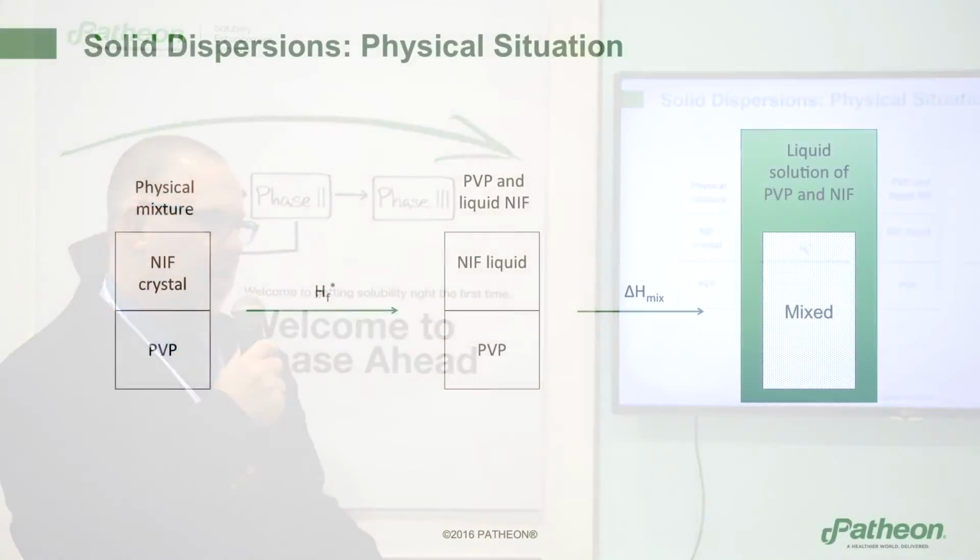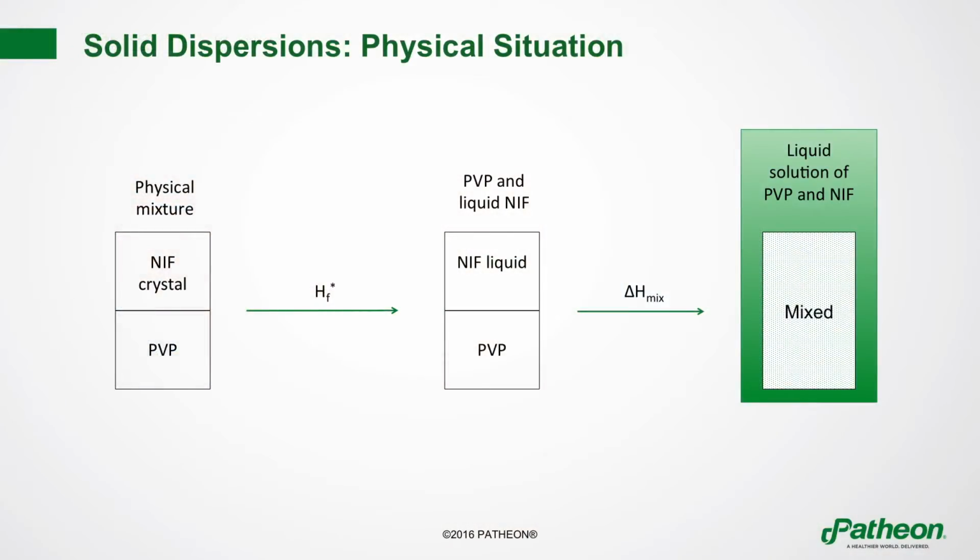What we're actually simulating is the following physical situation. If you take a drug like nifedipine as a crystal and PVP as your polymer, the first thing you have to do in order to get these to mix in an experimental setting is add in your heat of fusion. This is the energy it takes to melt the crystal. So you would melt the crystal, form nifedipine liquid, which would then mix with PVP.